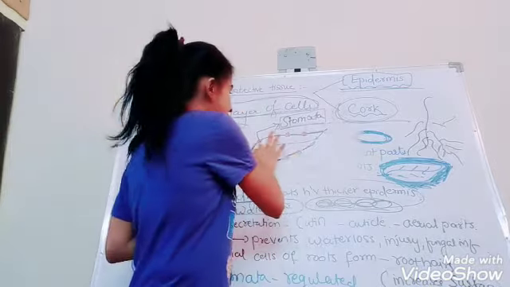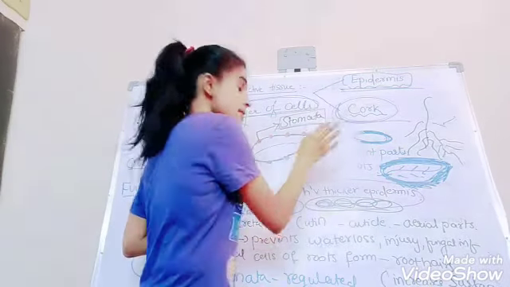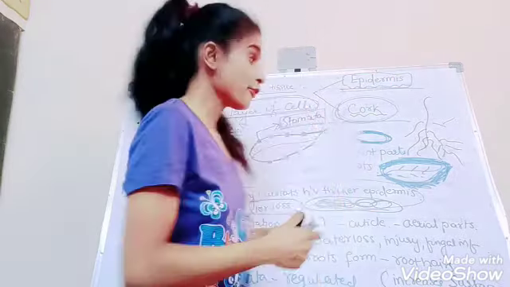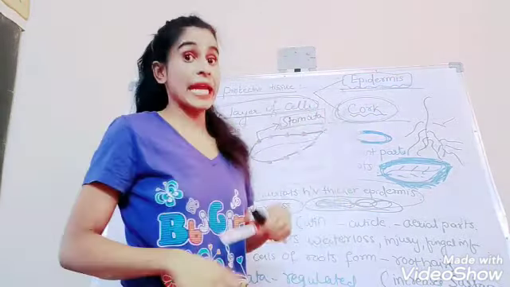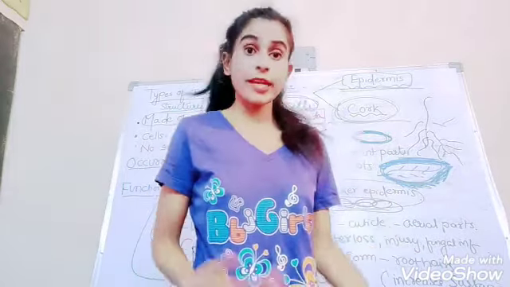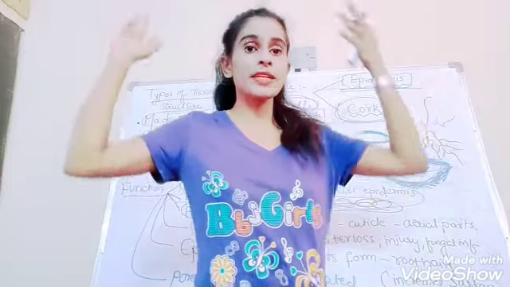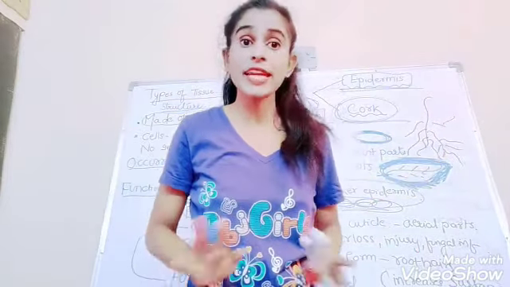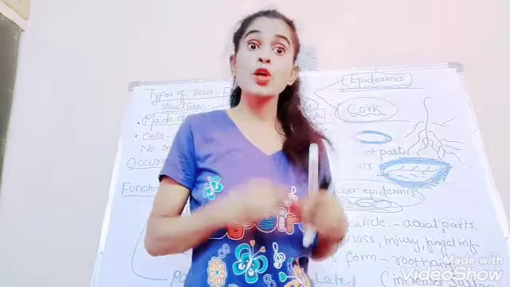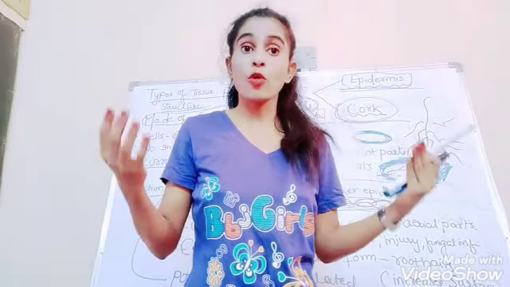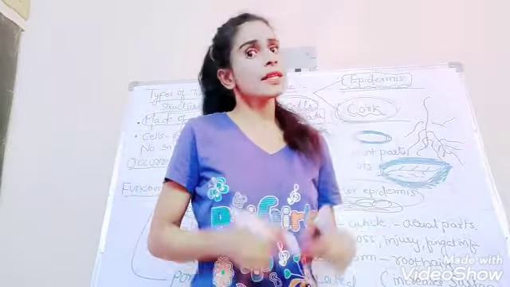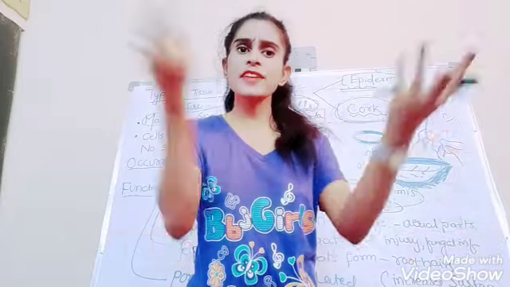And in these areas, there are no epidermal cells. Again, another question. If there are pores, then definitely there will be a loss of water for each and every plant, whether it is in dry areas or rainy areas. If the stomata open all the time, then all the water from the plant will evaporate.